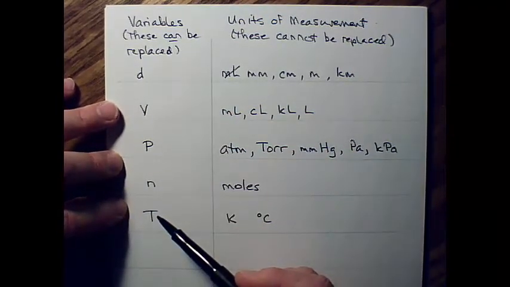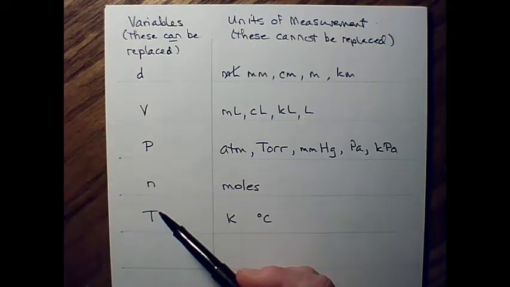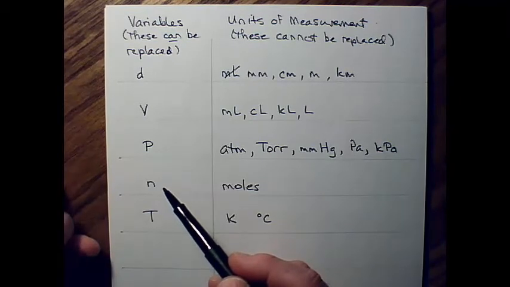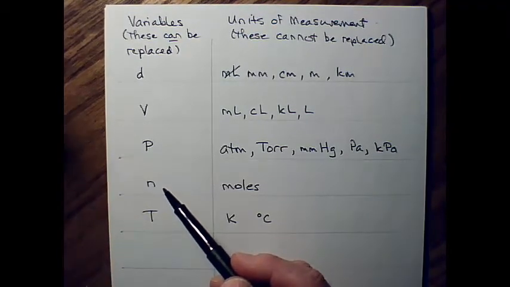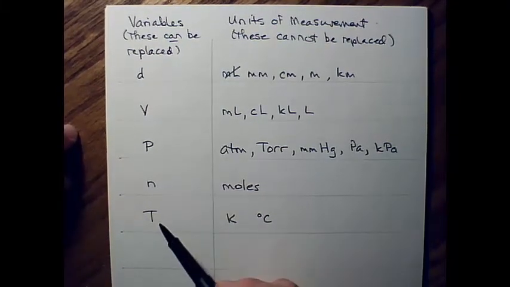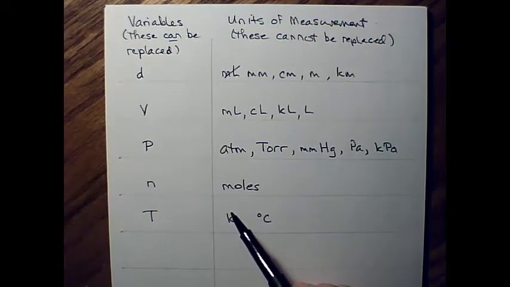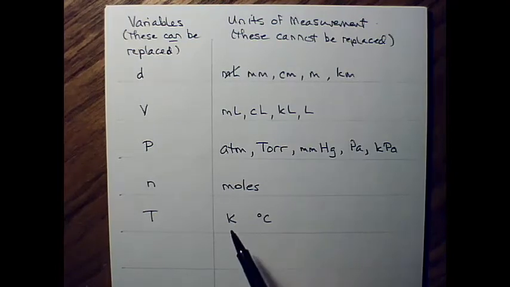This is where a lot of students lose it on the test. They look at the ideal gas law and the ideal gas constant and start plugging in temperature for the K in the ideal gas constant. You can't do that. Does that make sense?